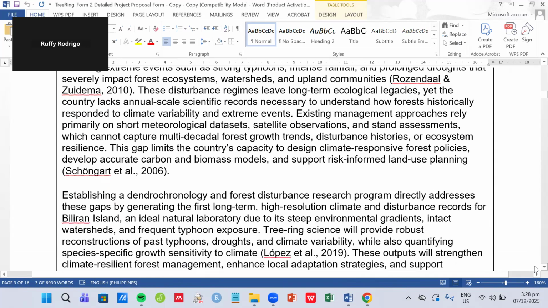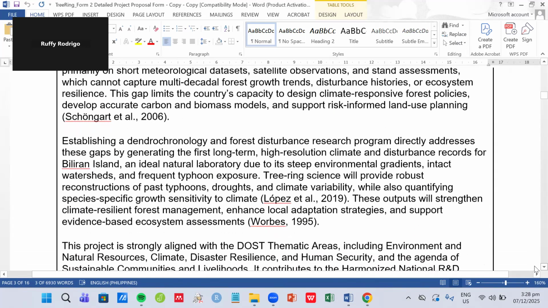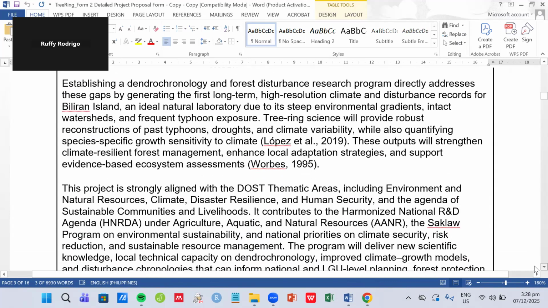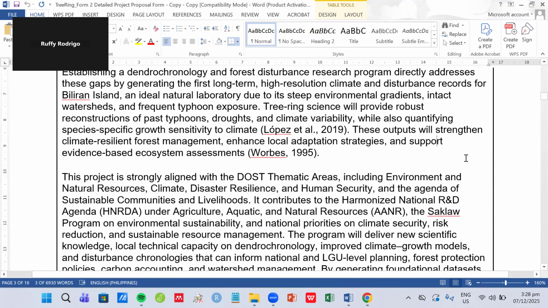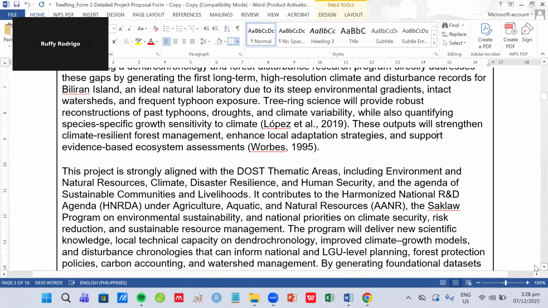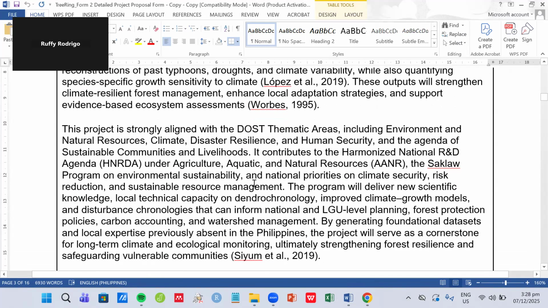It's entirely up to you how you write it, but the style is usually that you align your research with the DOST thematic areas. In that case, I can put it directly right away, that's why I wrote it here.